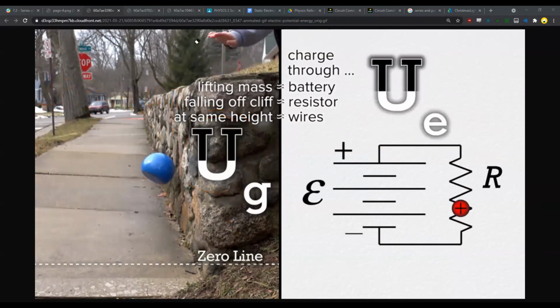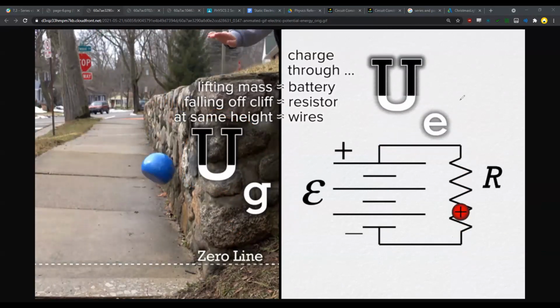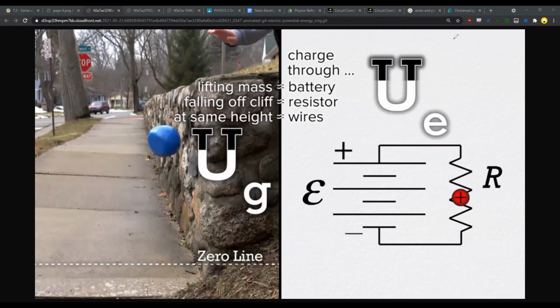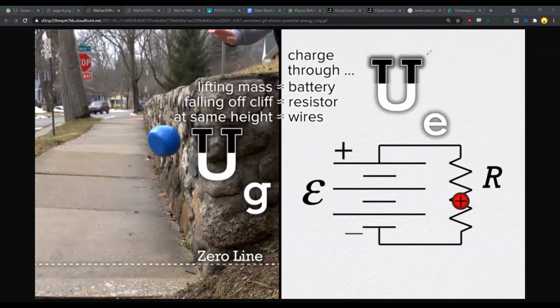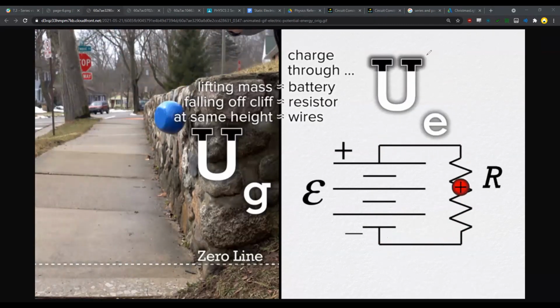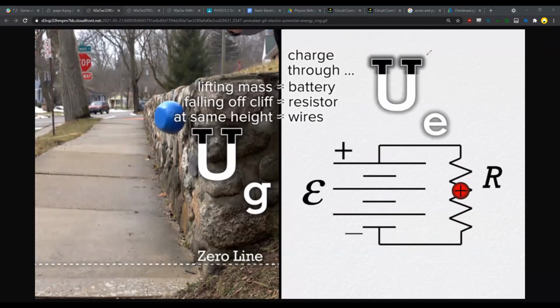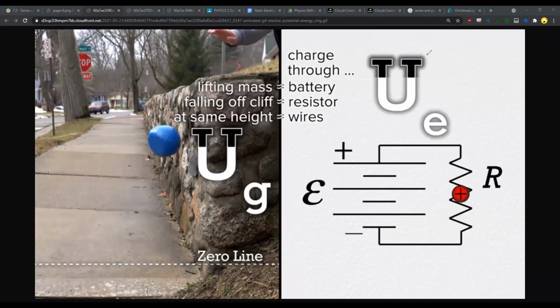Okay. And so I want to make that same analogy here. U sub E represents electric potential energy, all right?